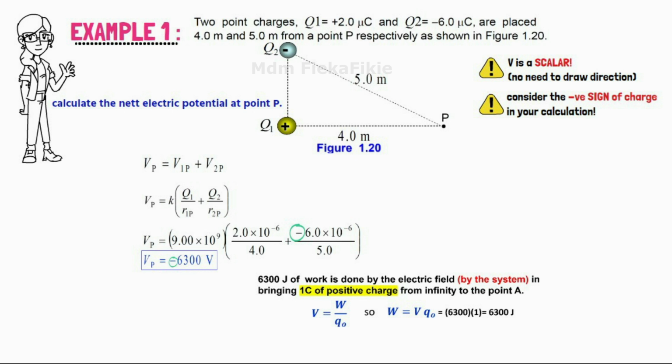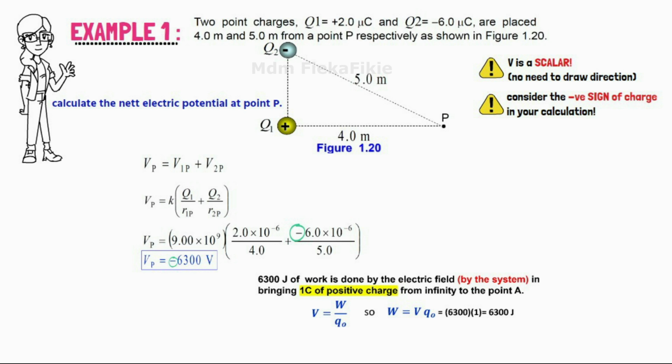Boleh. Okay, so let's say we want to calculate W. So we can use equation V equal to W over Q naught, and W is actually equal to V Q naught. So let's say kita ada satu test charge which is 1 coulomb, and kita dah kira tadi we want to bring that test charge to point P, and kita dah kira VP is equal to negative 6,300 volt.